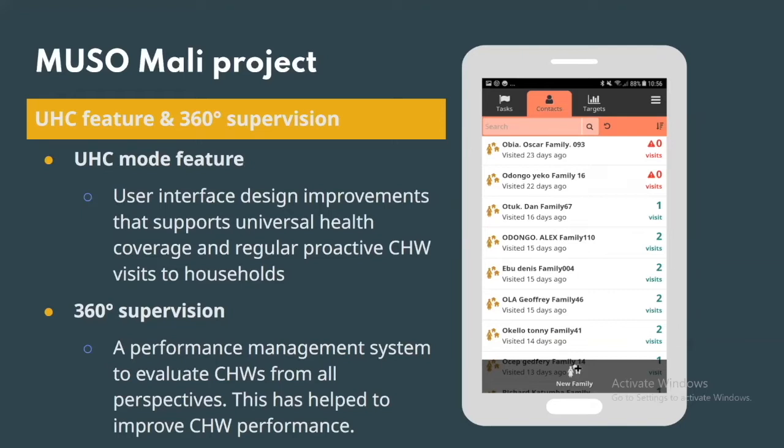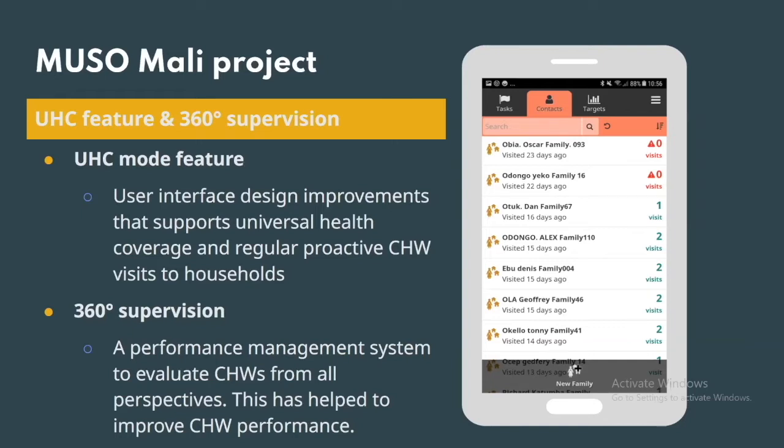To address this issue, MUSO and its partners designed and built the 360 degrees supervision. It is a performance management system to support and evaluate a community health worker from all perspectives. It provides a continuous process of guidance, training, supporting, and encouraging initiative so that they can carry out their work confidently, effectively, and in accordance with directives.